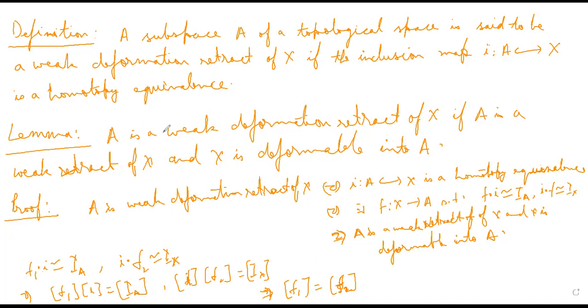So it means that the inclusion map is a homotopy equivalence. So this completes the proof.